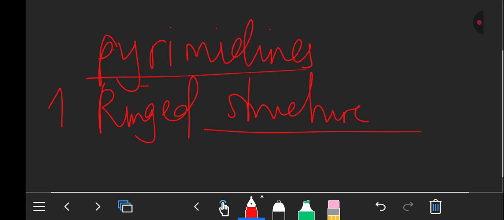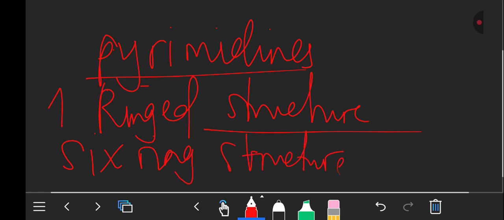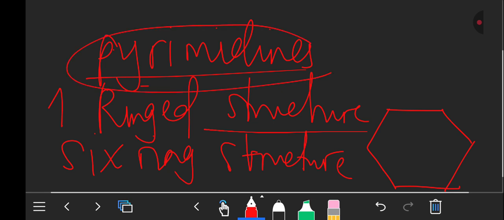Other than that, they are made up of a 6-ring structure. If you were asked to draw the 6-ring structure, it should be something of a hexagon like that. So that would be the 6-ring structure, also known as the pyrimidine.